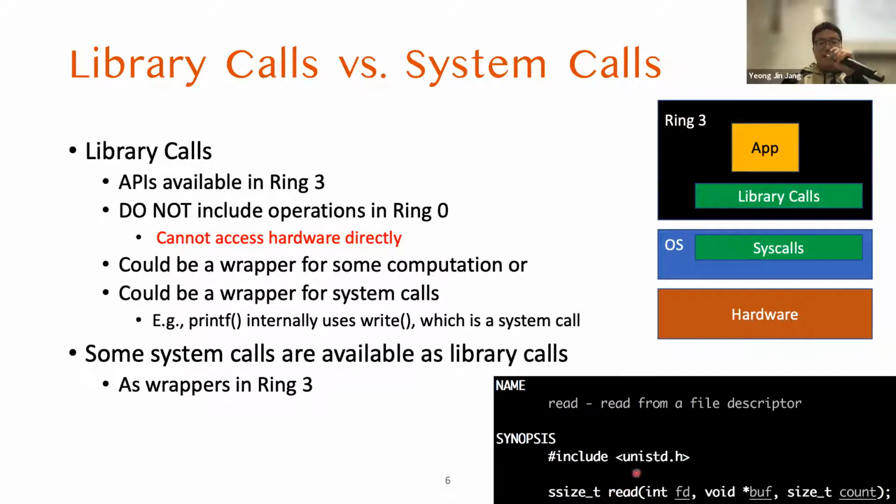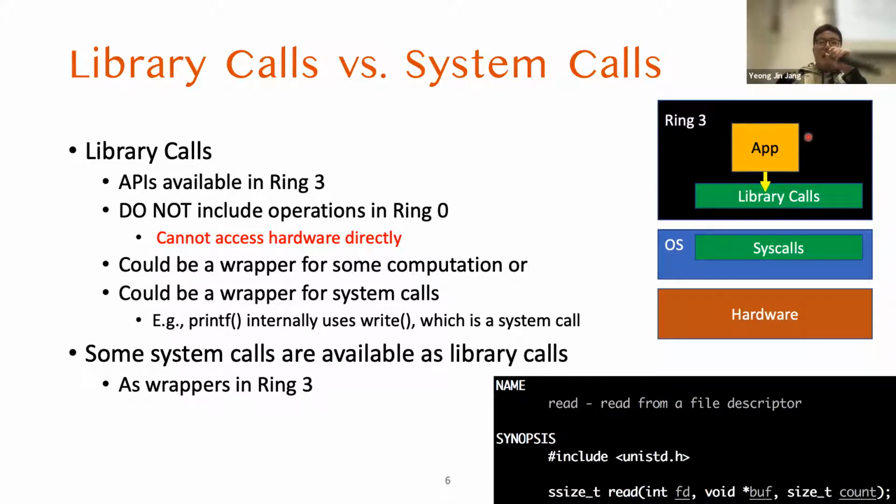These are implemented as a library here, but internally the library call invokes a corresponding system call. For example, if you call the read function, internally it will invoke the sysread system call on the operating system side.